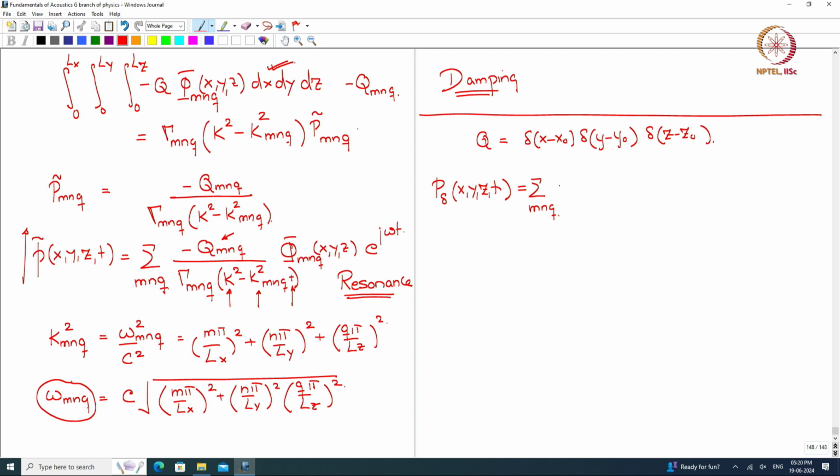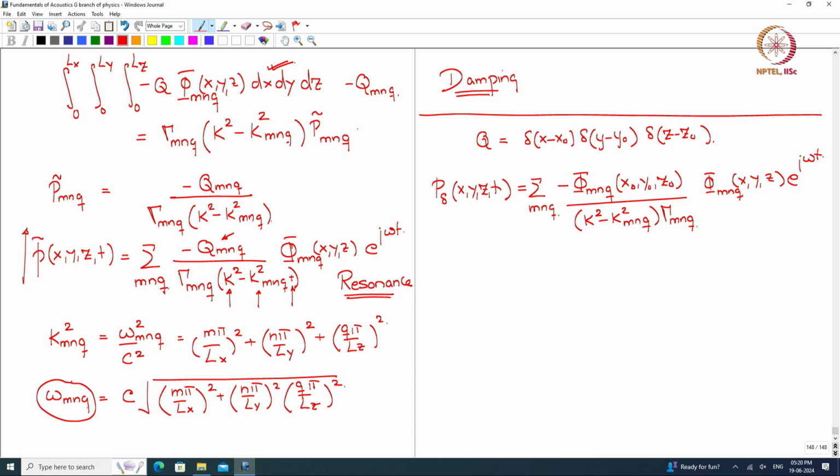It will change to minus phi m n q x0 y0 z0, divided by k square minus k square m n q gamma m n q, then phi m n q x, y, z e to the power j omega t.